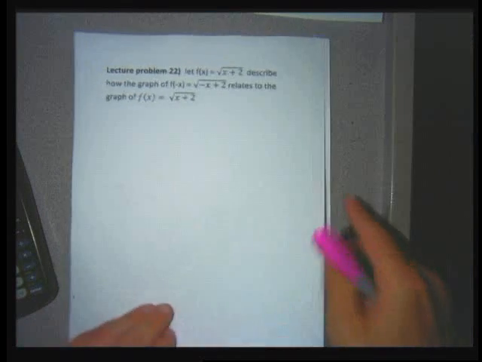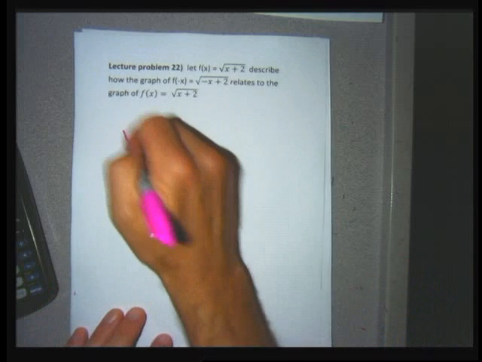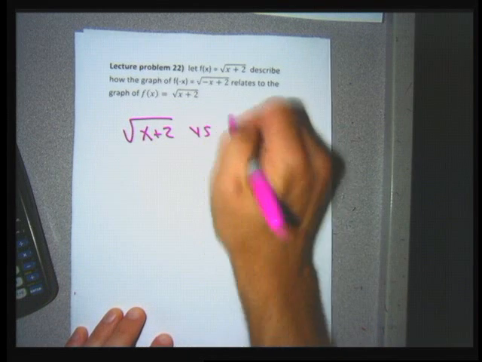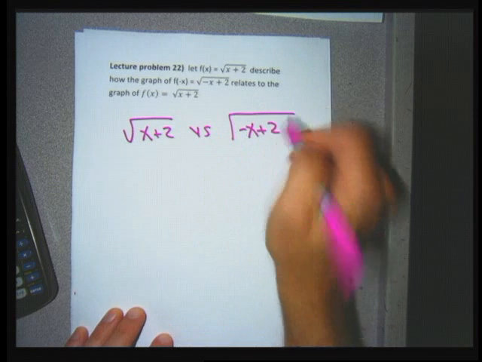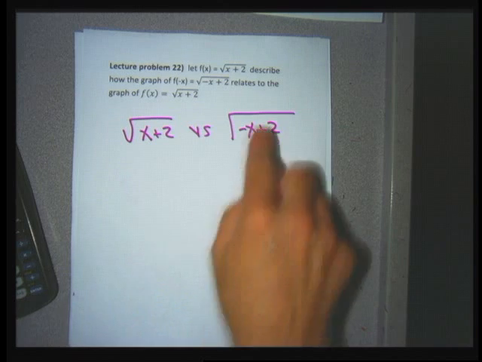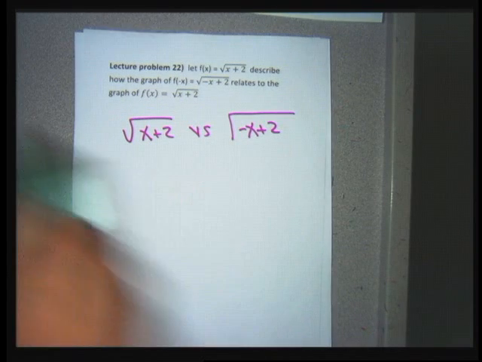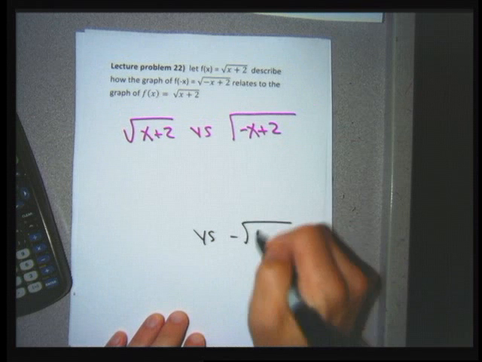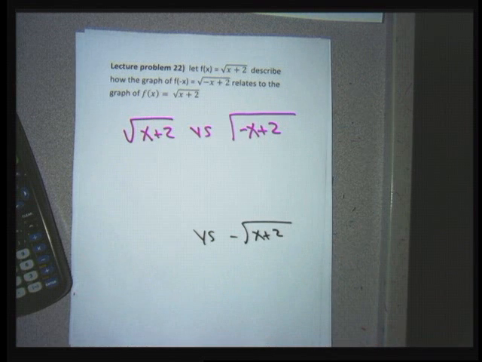It's harder to show flips over the y-axis. Let me show you these two, comparing the square root of x plus 2 versus the square root of negative x plus 2. What that's doing is changing the x to a negative x. I should probably also do the negative square root of x plus 2, so you can see what effect putting negatives has.